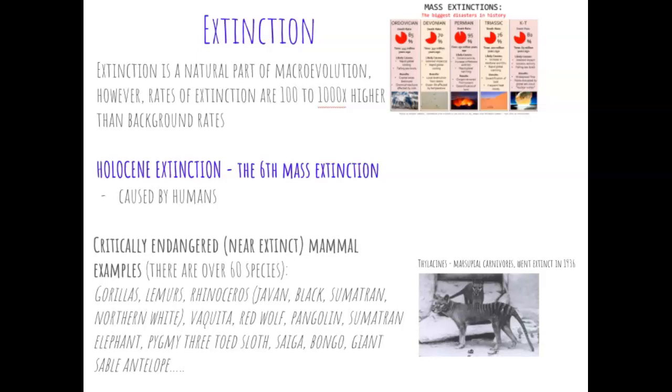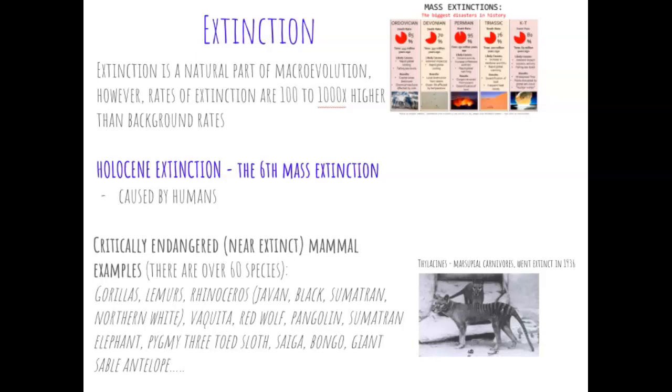So extinction is a natural part of microevolution. That's not something that we've talked about in the past, that extinction is actually an important part of the evolution of new species, but it actually is.